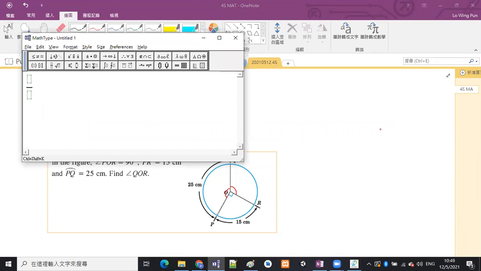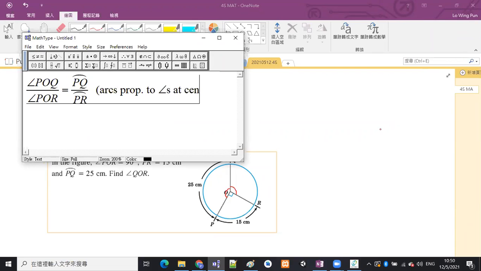So I want to find angle POQ first. Angle POQ over angle POR is equal to arc PQ over arc PR. And this time it should be arcs proportional to angles at center.